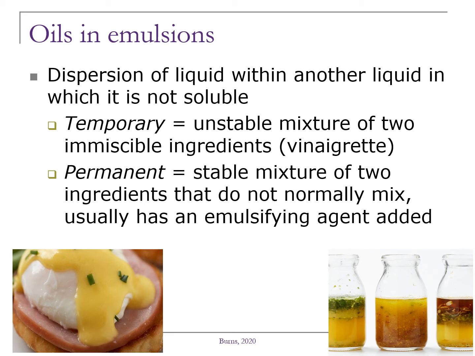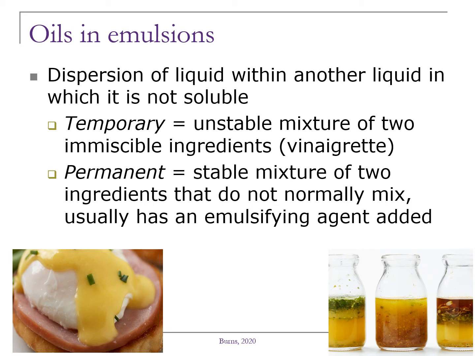So we have 2 different types of emulsion, the temporary emulsion and the permanent emulsion. The temporary emulsion is an unstable mixture of 2 immiscible ingredients. Immiscible are those that do not mix. A temporary emulsion forms when the 2 ingredients are shaken together and temporarily combined.